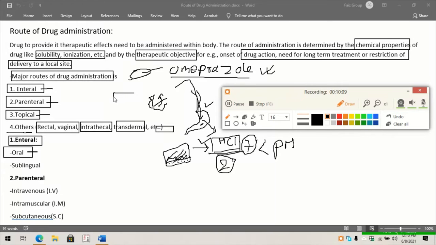So omeprazole is coated with chemicals so that it can bypass this harsh environment and reach the small intestine, and this chemical gets dissolved here and omeprazole is released and absorbed.